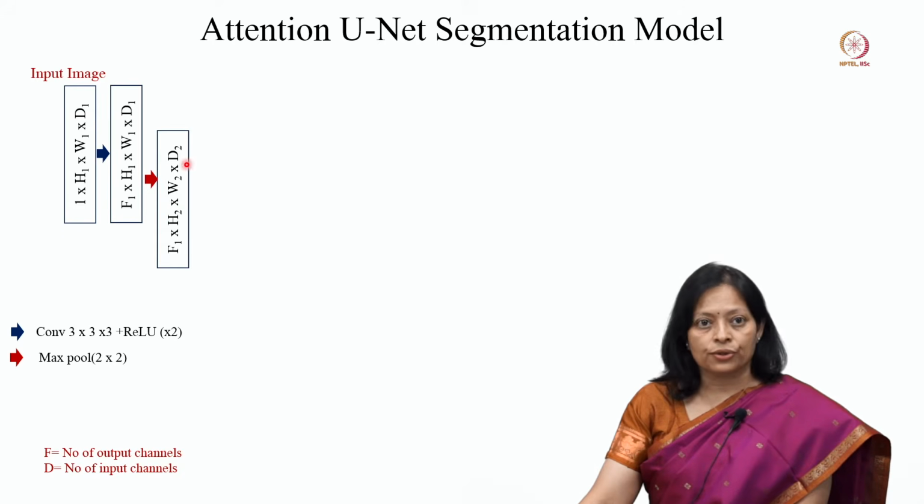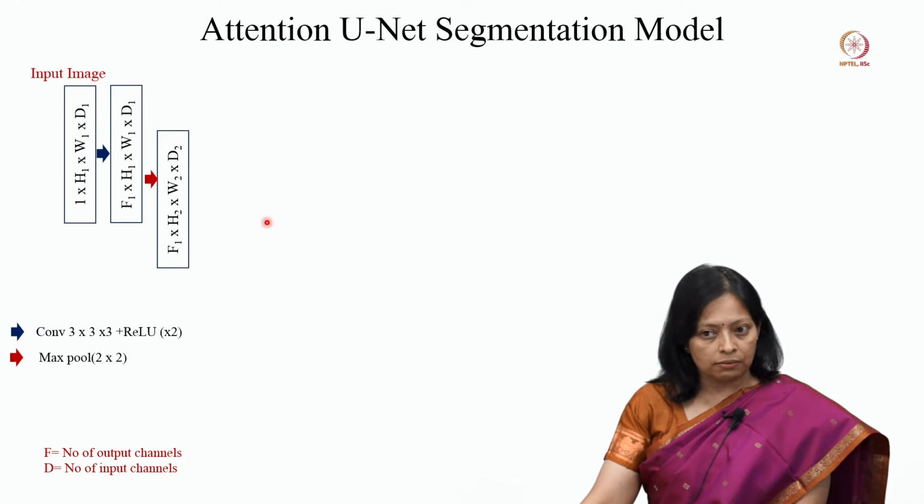Max pooling 2 cross 2 means the spatial dimensions get halved, and here there is d2. d2 comes because of the convolution operations shown here. So there is no change in the channel number due to max pooling, but the channel number has changed due to these convolution operations.